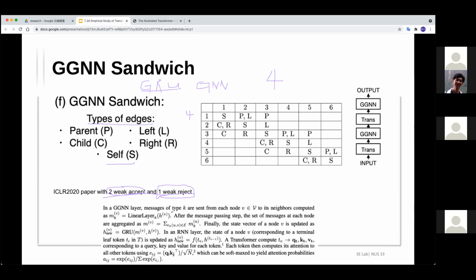The first is that if 2 nodes are linked, maybe it's like the child information. So he used a linear layer to aggregate the message, and this aggregation is a child GRU.